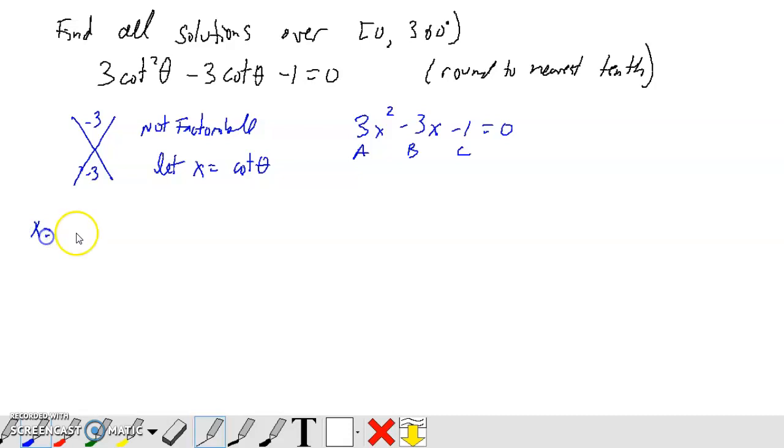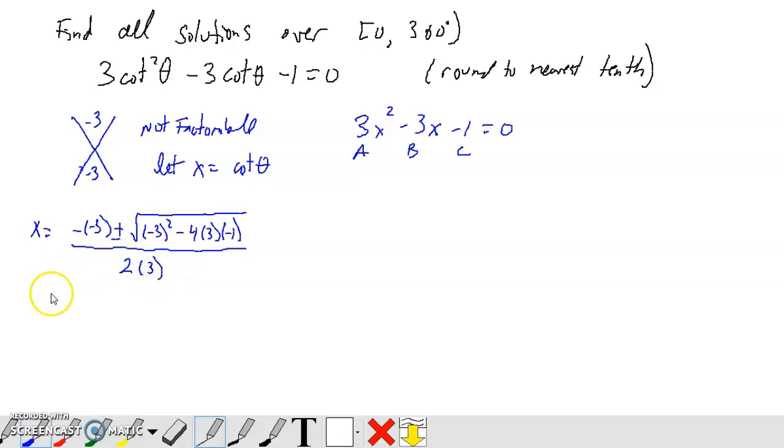So x is equal to negative b plus or minus the square root of b squared minus 4 times a times c, all over 2a. So this will become 3 plus or minus the square root of 9 plus 12, all over 6.